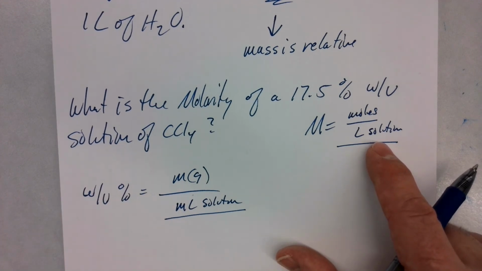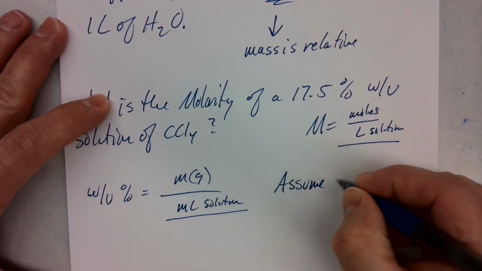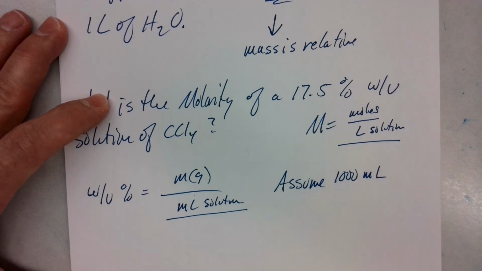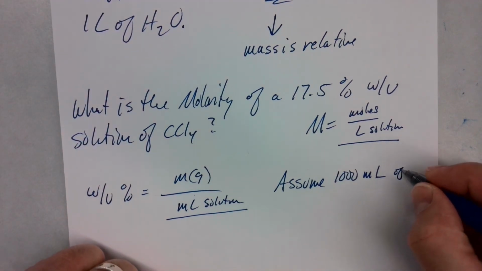Let me explain. We are going to assume 1,000 milliliters. Does anybody know why we're going to assume 1,000 milliliters? Because it's also 1 liter. Okay? Let me explain. So what I'm going to do is I'm going to assume I've got 1,000 milliliters of solution.